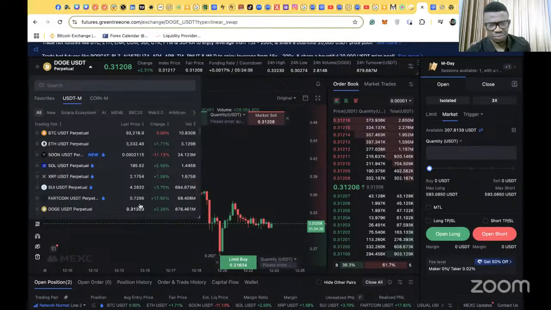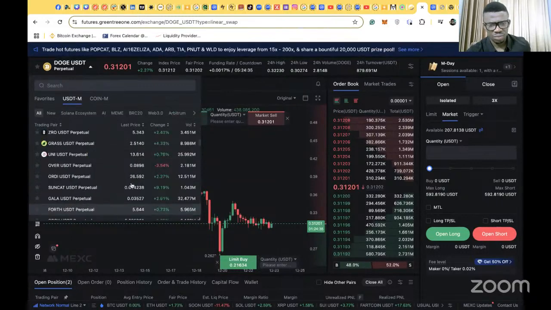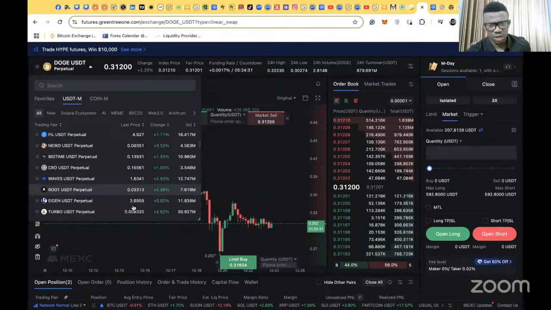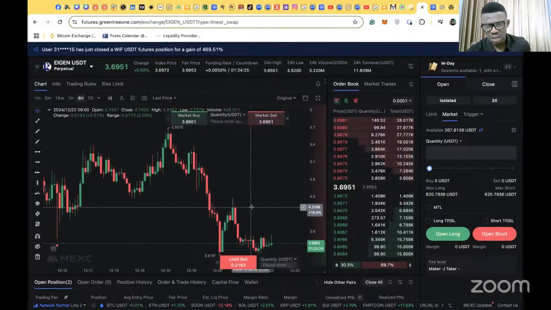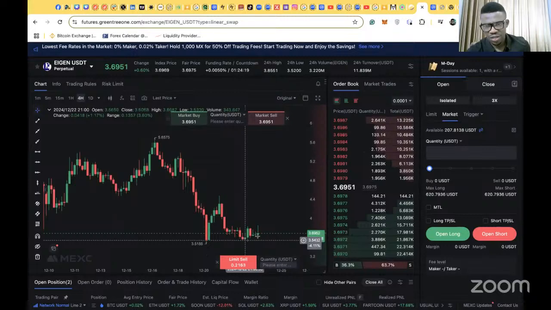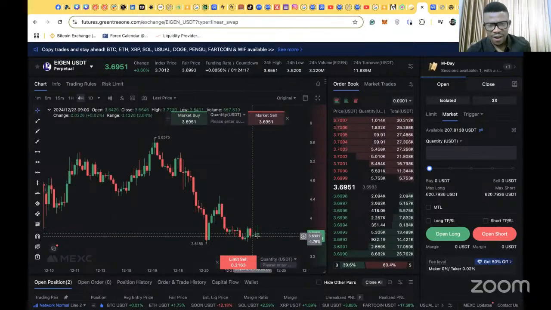What about Suncats? It has gone so far. What about Igin? It's $3. Let's see what it looks like here. Yeah, there's a bit of Morningstar here. Then there's a rejection to this side. There's no breakouts. It's actually a consolidation area. We need something that has broken out.